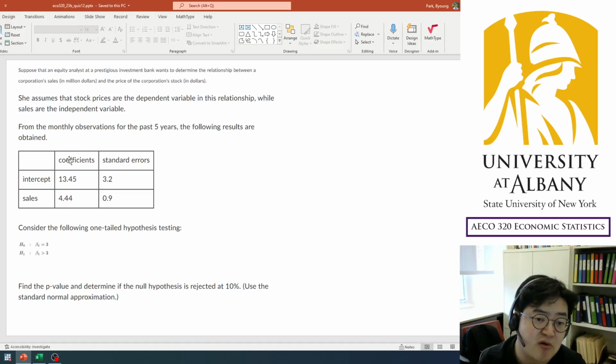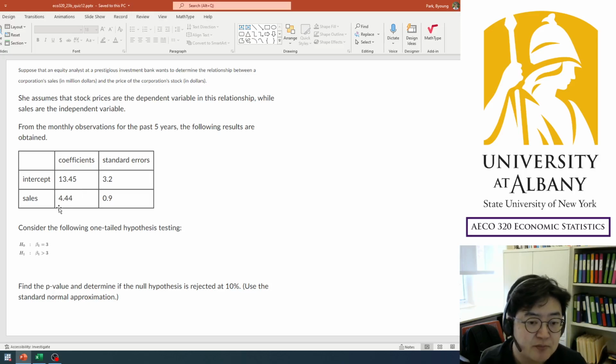So we do the regression and we obtained a point estimate and its standard errors. So this is the relationship. That means when sales increases by $1 million, say sales is measured in $1 million, then the stock price will increase by $4.44.